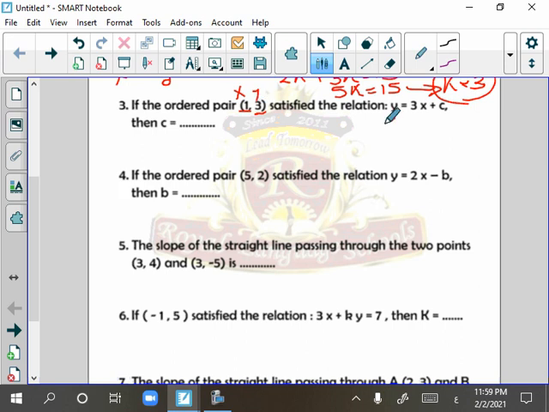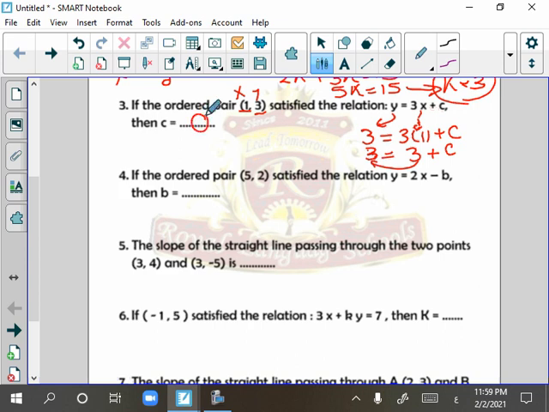By substituting y with 3 and x with 1, 3 equal 3 times 1 plus c, 3 equal 3 plus c. When 3 goes to the other side, it will be 3 minus 3 equal 0. Then we can say that c equal 0.